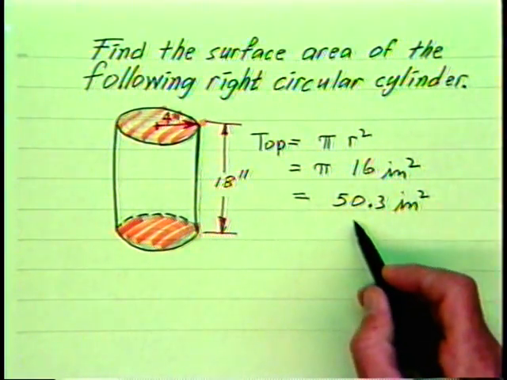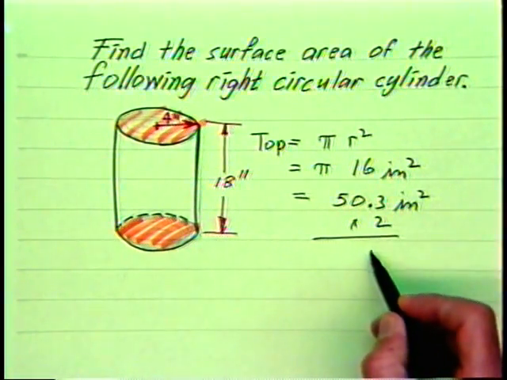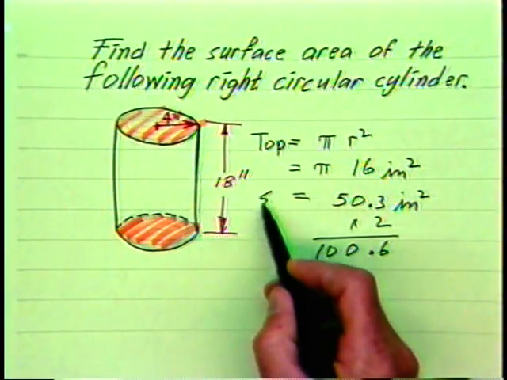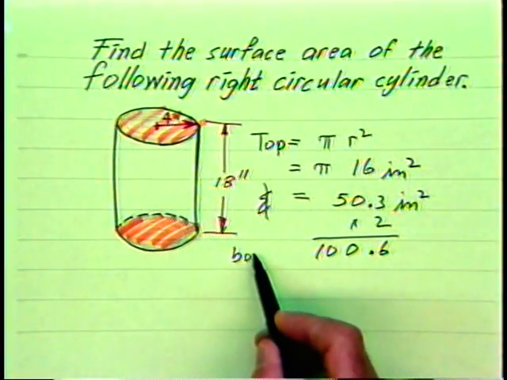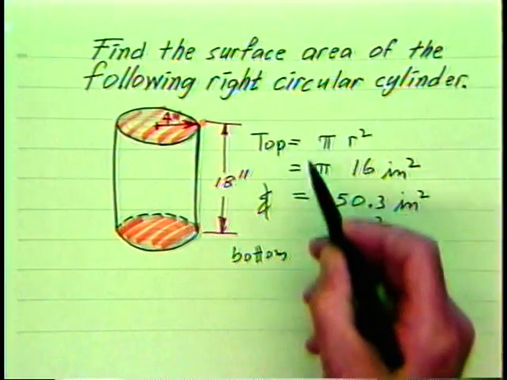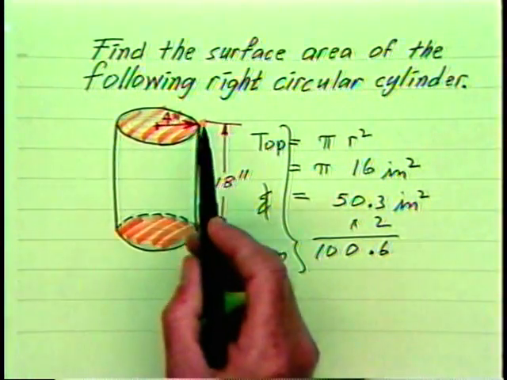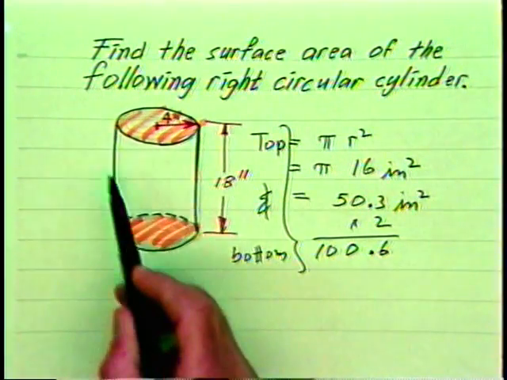And all we need to do is to double that, and we have top and bottom together. Now how about the side, that piece of cardboard that wraps around?